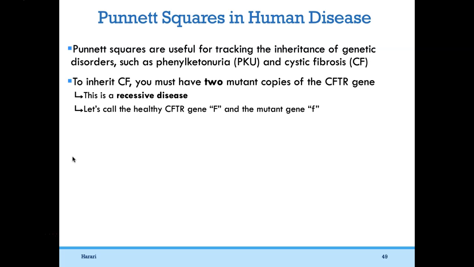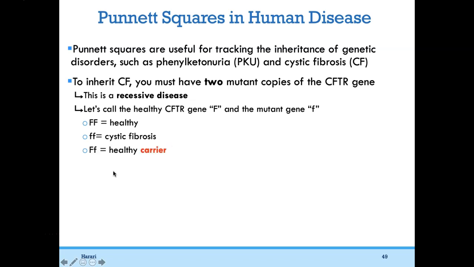Let's call the healthy CFTR gene big F and the mutant gene little f. And we'll see what cystic fibrosis really is in a couple of slides. But again, having just 1 copy of the normal wild type gene, the big F, is enough to be healthy. So big F is healthy, little f means that's cystic fibrosis.